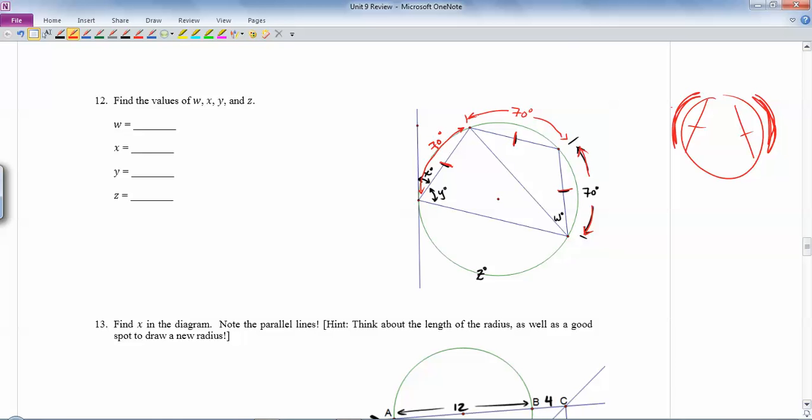So let's see, what can we do with this? Angle W here, if you look at W, if we draw that by itself, it looks like this, where the arc that it carves out is 70. And so this angle, since it's inscribed, is going to be half of 70. So W is going to be 35.